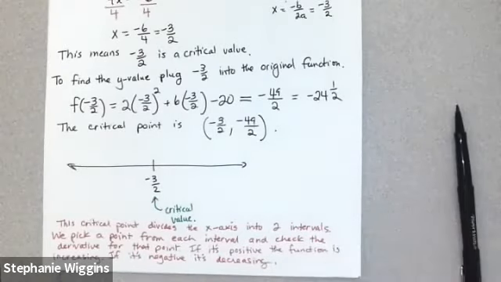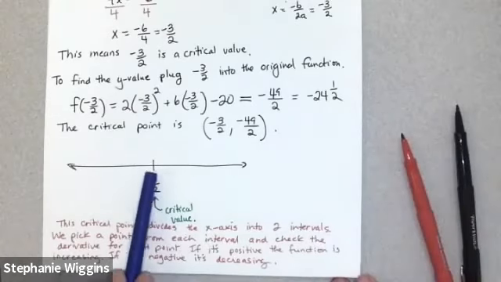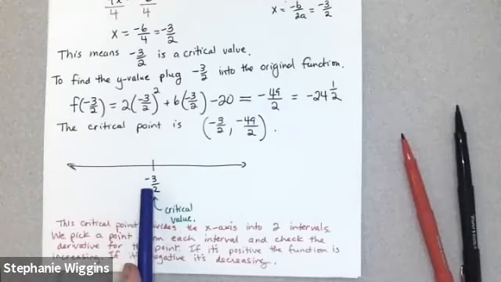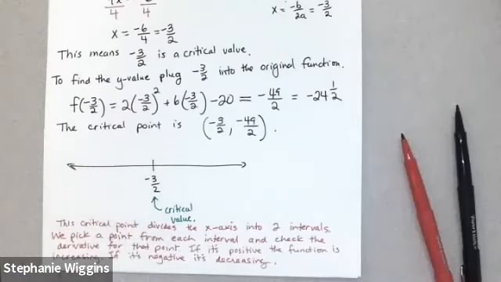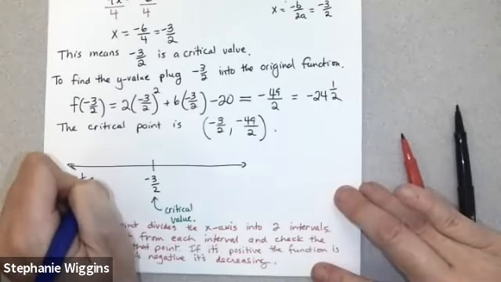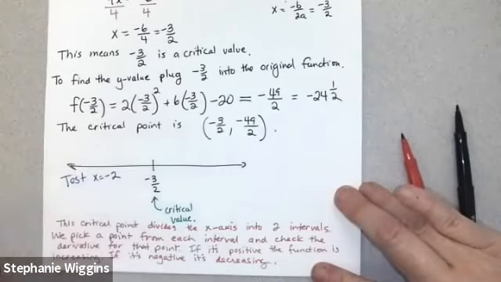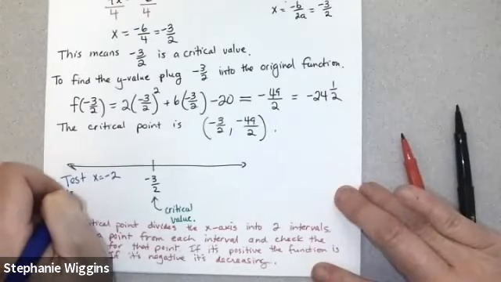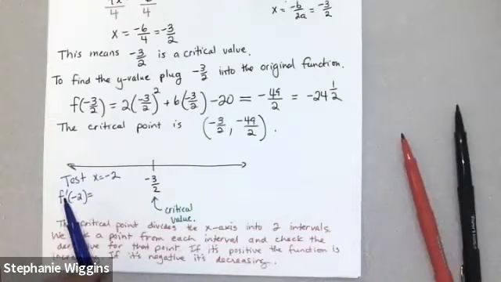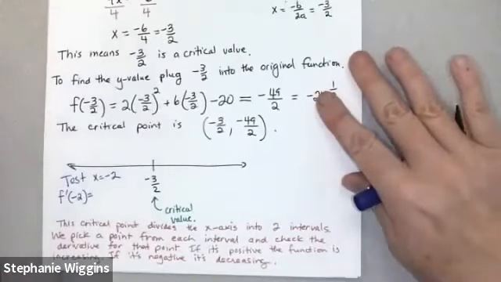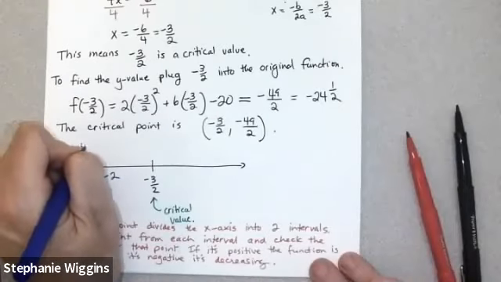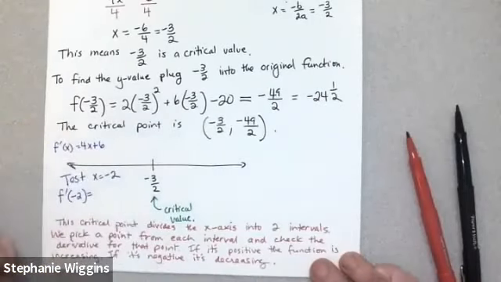Okay, so what is any point here? Well, this is -3/2, which is -1.5. So if I pick -2, that will work. So I'm going to test x equal -2. So f prime of -2 is equal to, well, here's my derivative, and I'm going to write it up here. f prime of x, remember, was 4x plus 6.